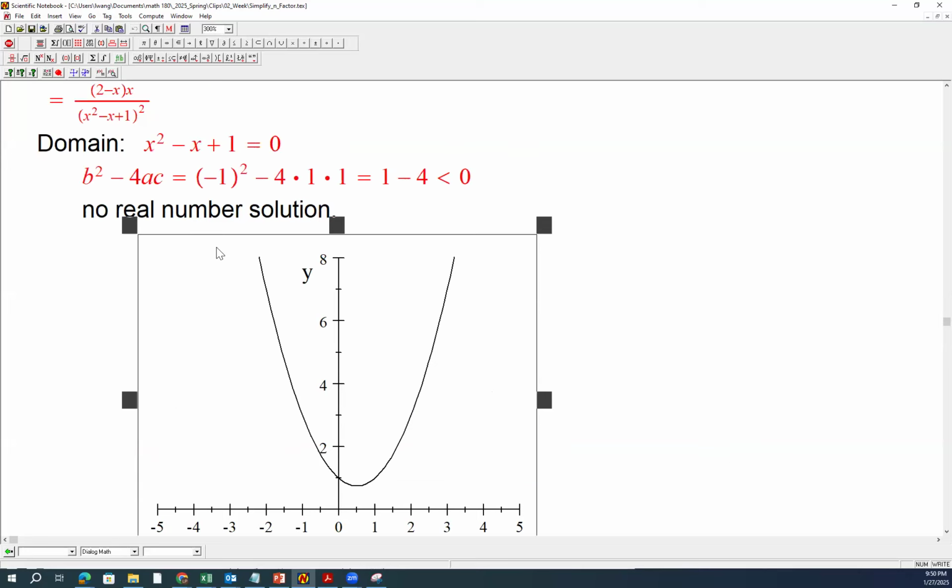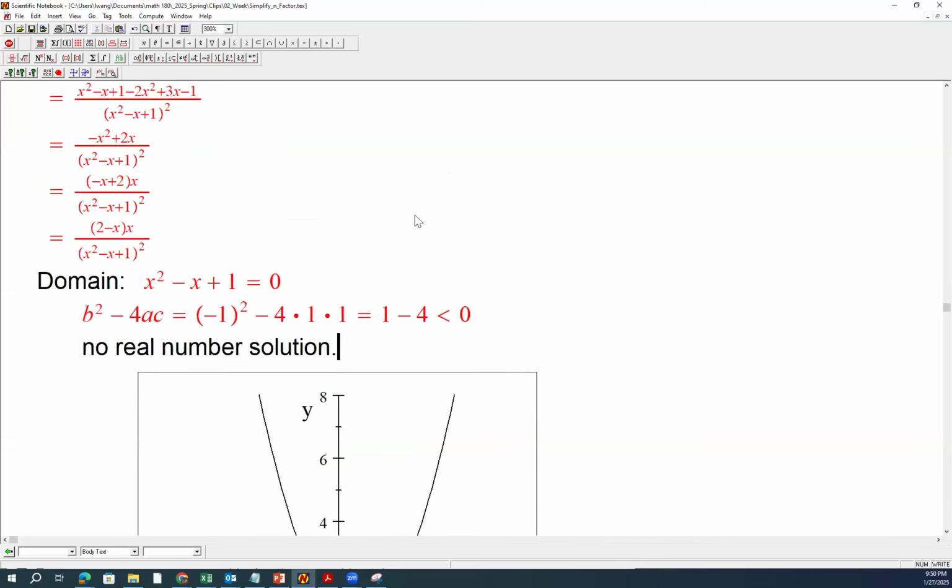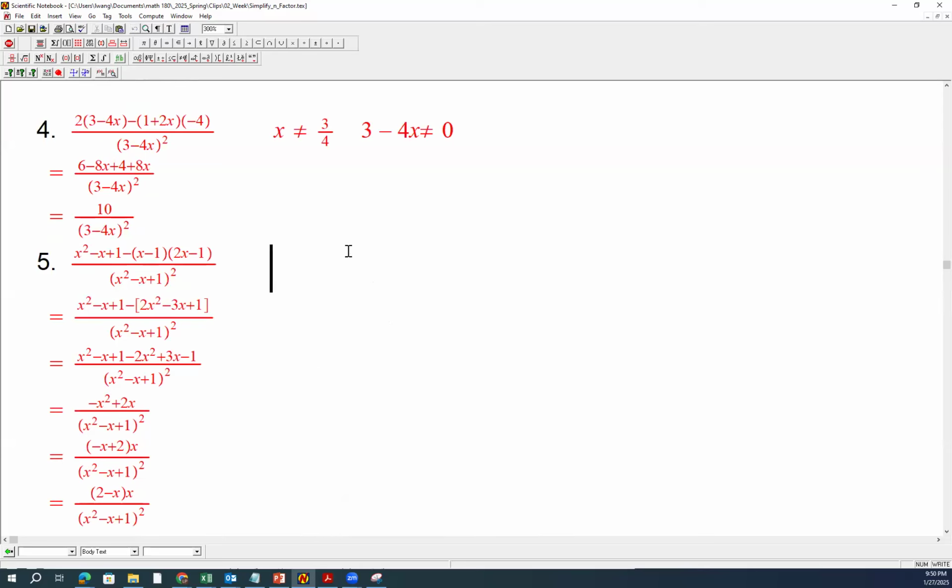That means the denominator will never be 0 because the entire curve is above the x-axis. Therefore, the domain is all real numbers, because there's no real number that causes this denominator to equal 0. And therefore, this domain is from negative infinity to positive infinity.